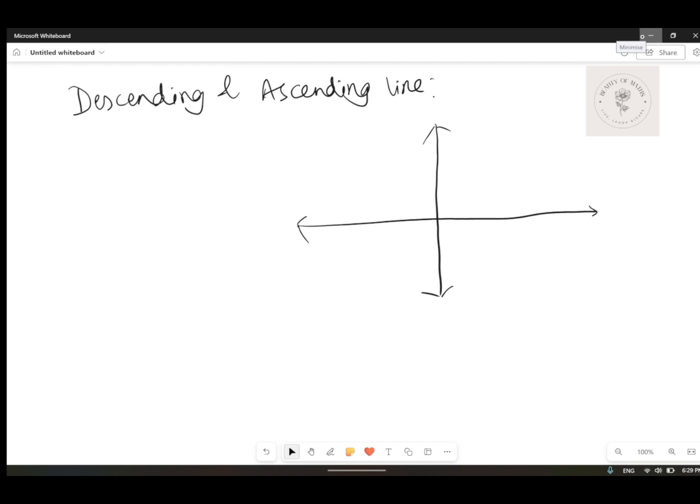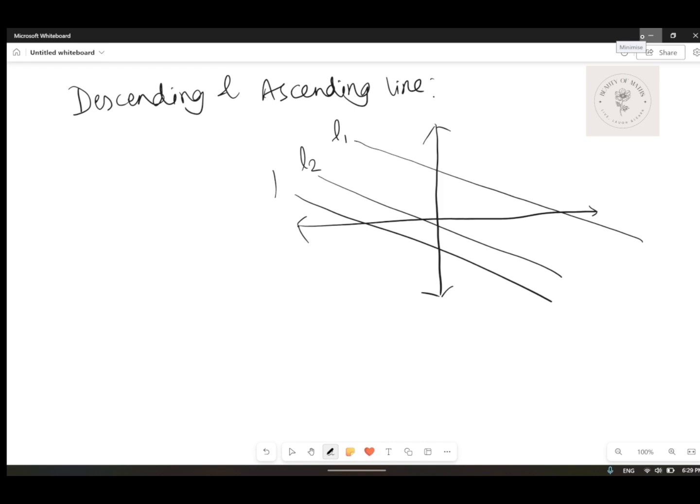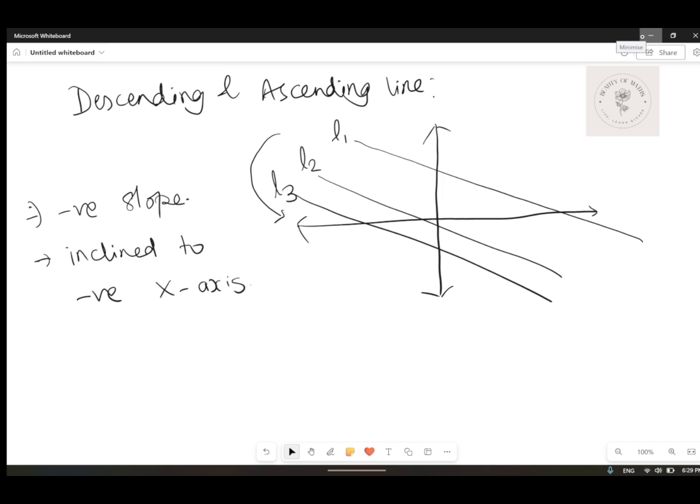Always remember this line is a descending line, this line is a descending line, this line is a descending line, all of these lines will have a negative slope, okay, because they are inclined to the negative x-axis, my friends. Can you see they are more inclined to the negative x-axis?